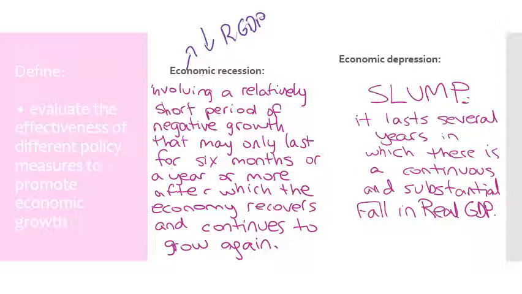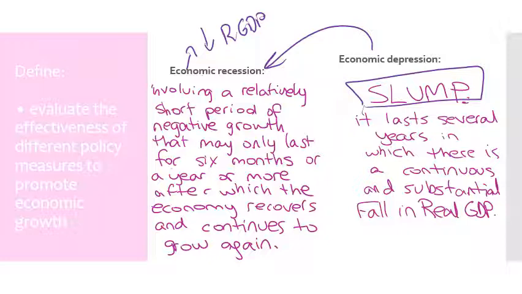Whereas a depression is a severe recession. I can call it a slump. It is also known as a slump. Now, when I'm talking about an economic depression, it means it will take the economy a much longer period of time to start experiencing growth again.